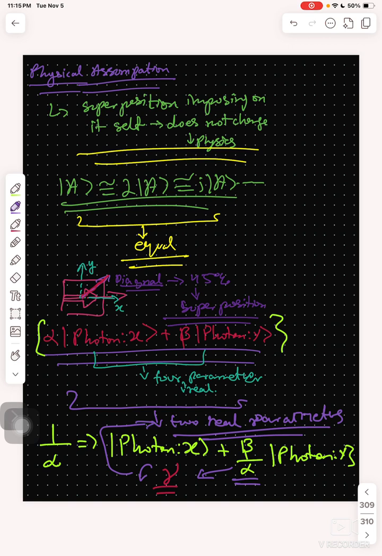So now we have the correct one, because we don't want four real parameters, we want two real parameters, out of which one of them is selected. Four real parameters give two answers.